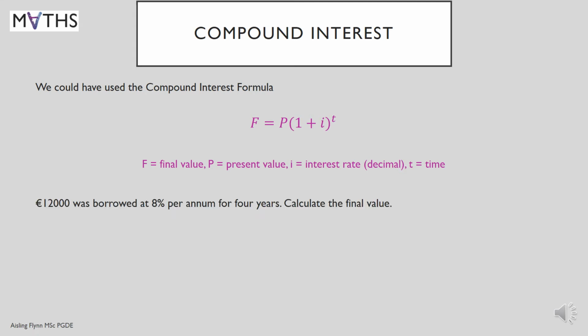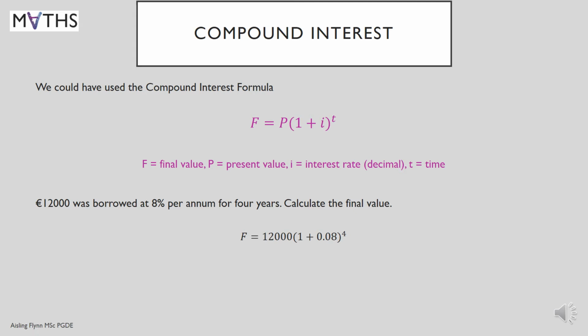So here's our same example. €12,000 was borrowed at 8% per annum for 4 years. Calculate the final value. So we're looking for F. It's equal to P, what we start with, or what we have now, 12,000. In the bracket it's 1 plus 0.08, so the interest rate was 8%.